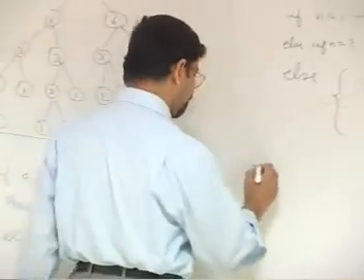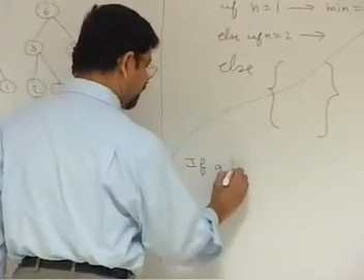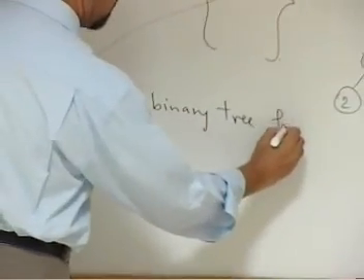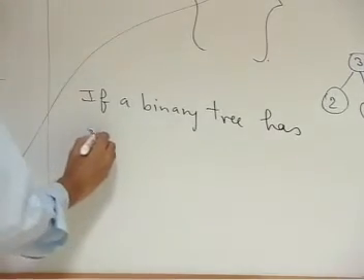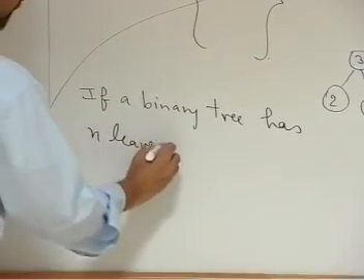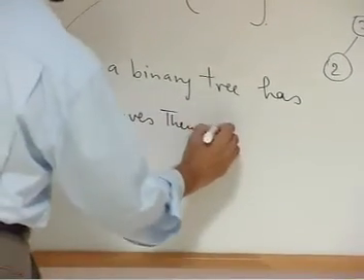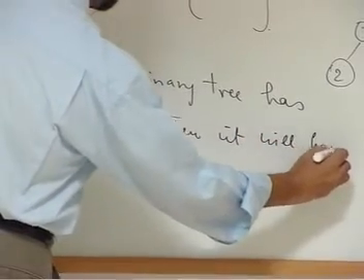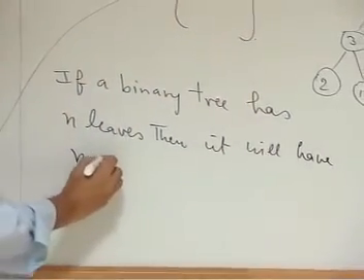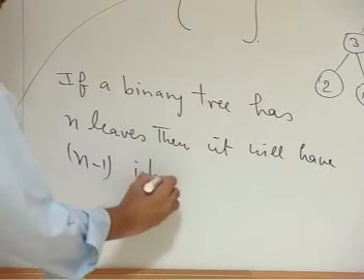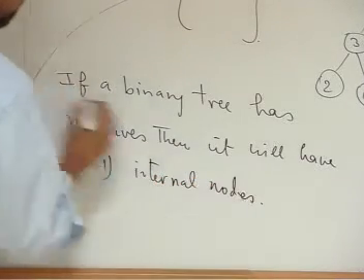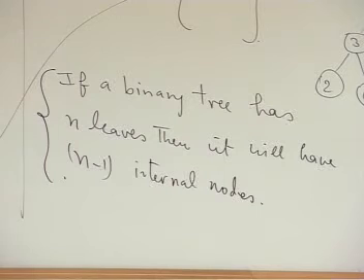If a binary tree has n leaves, then it will have n minus 1 internal nodes. This is a standard well-known property of it.